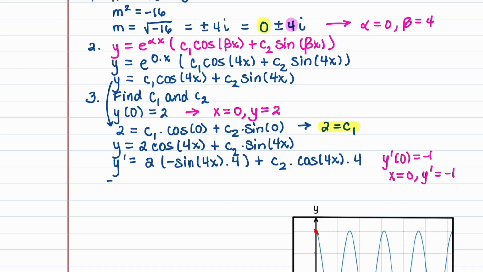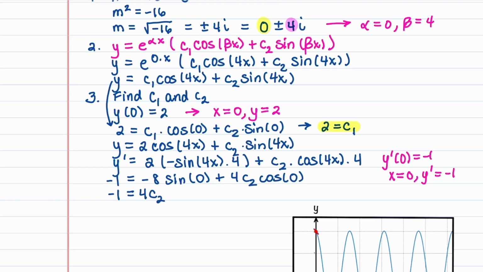On the left, we have negative 1, and then we have a minus 8 sine of 0 plus 4c2 cosine of 0. Sine of 0 is 0, so we just have minus 1 is equal to 4 times c2.